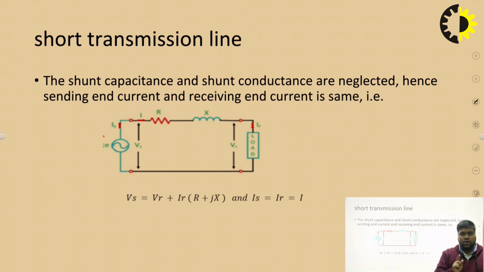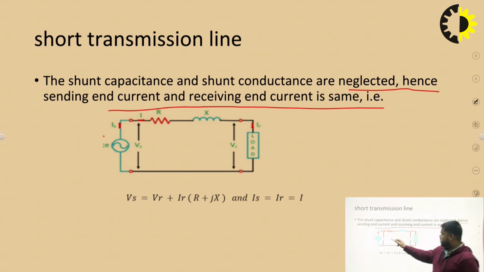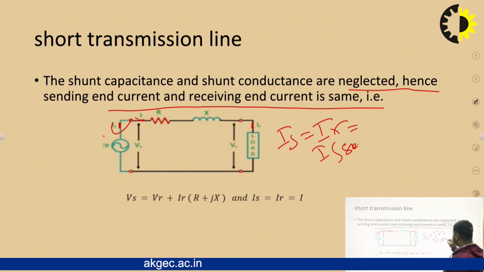Capacitance would not be considered. It will be neglected. So the shunt capacitance and the shunt conductance are neglected. Hence, the sending end current and receiving end current are the same. That is IS equal to IR. This is the source current.